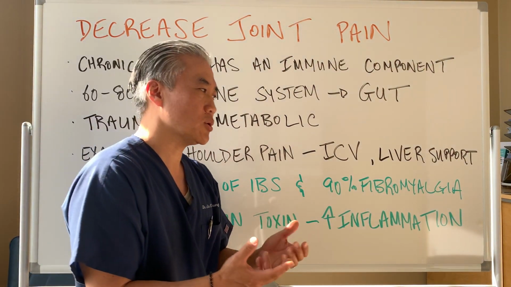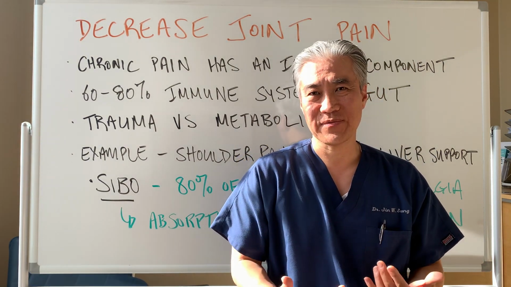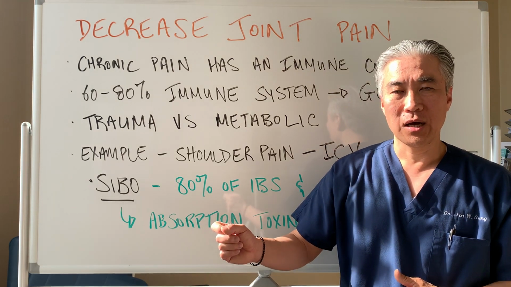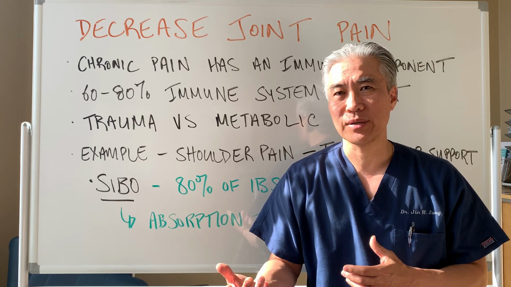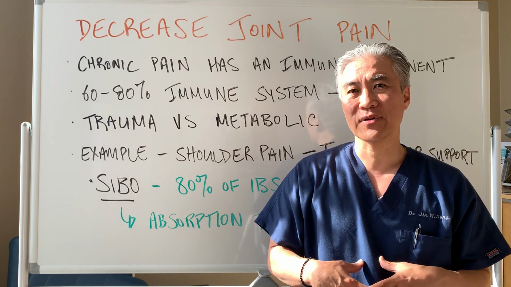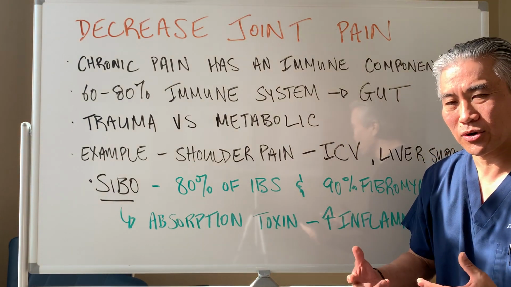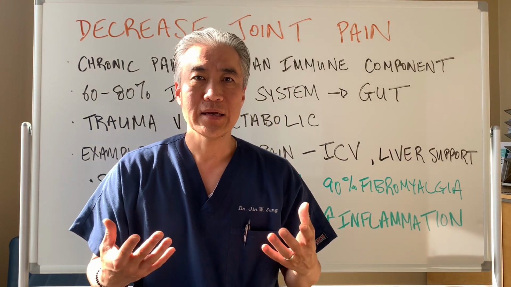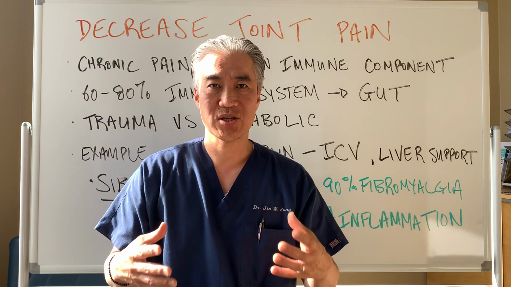So why is this so important? Well, when you have SIBO or you have GI dysfunction, what happens is the absorption rate will change. So things that should not cross into the bloodstream will cross into the bloodstream because of gut dysfunction. So you have an elevation of toxins that can occur. When you have elevation of toxins, then it will start to cause an inflammatory response within the systems.